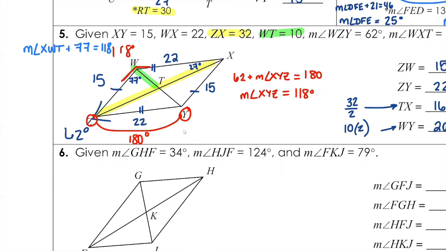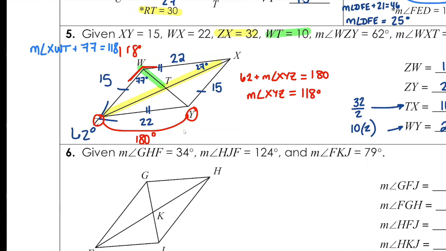Right, that full measures 118. We know a piece of it is 77. So we subtract 77 from both sides. So what's XWT? 41. Is it right? Okay.